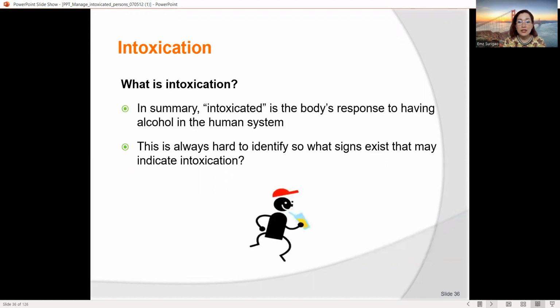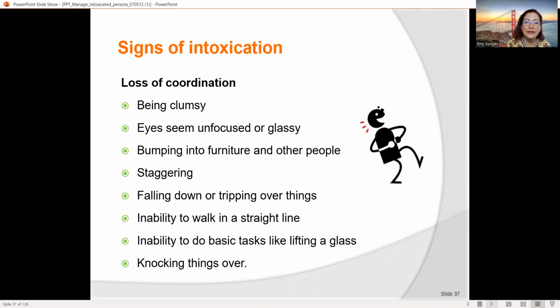In summary, intoxication is the body's response to having alcohol in the human system. This is always hard to identify. So what signs may indicate intoxication? Let's see the symptoms.